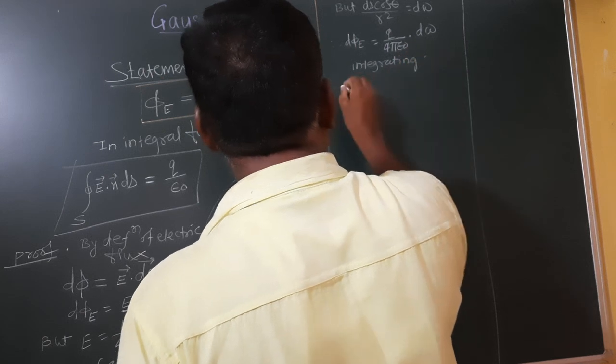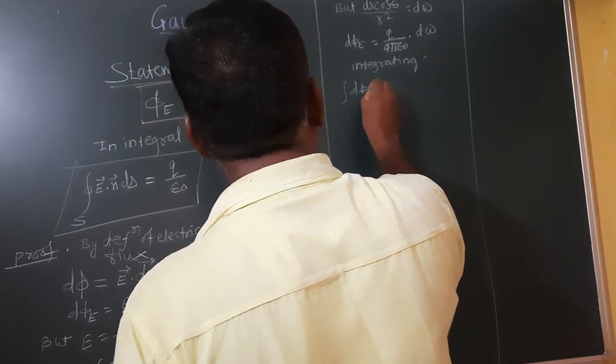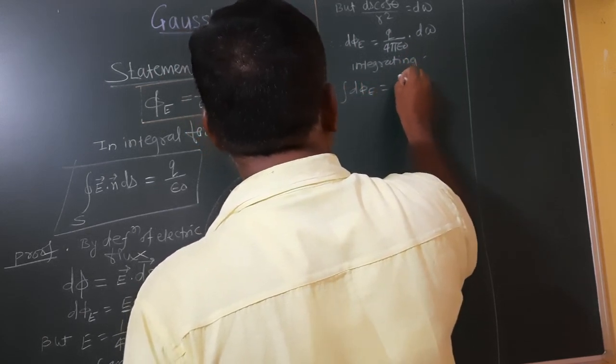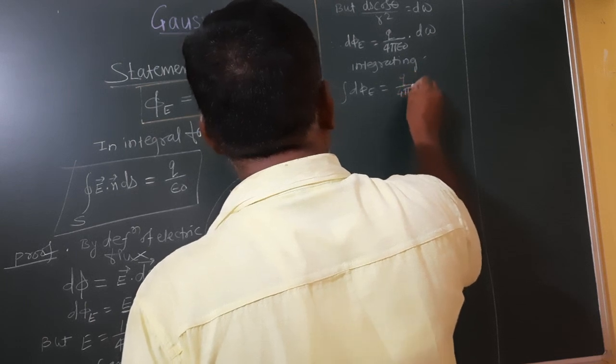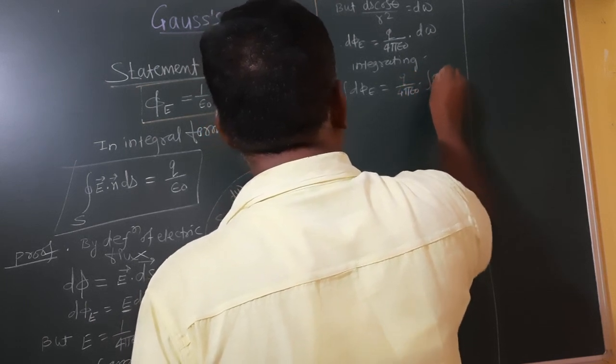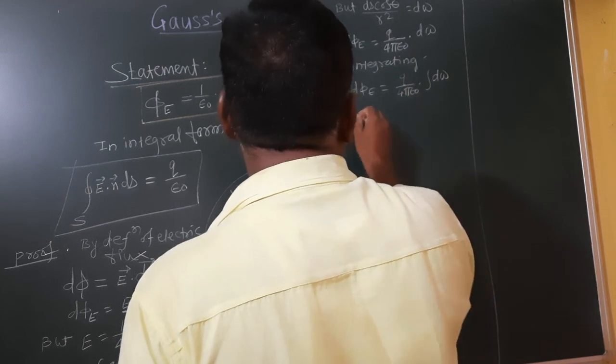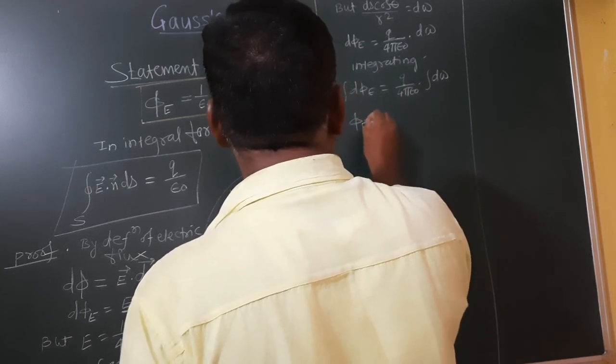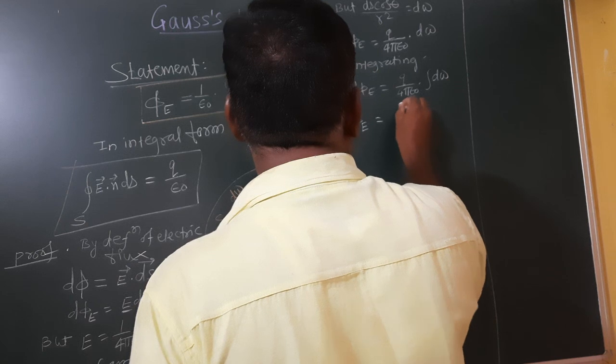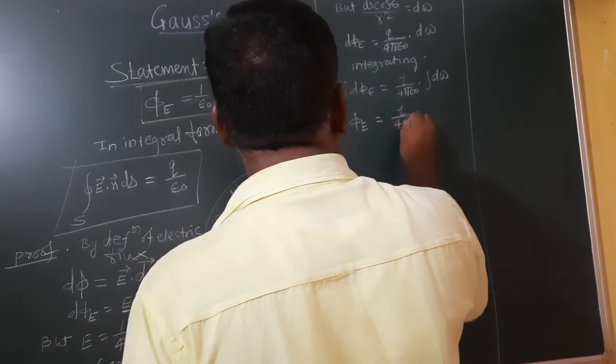we get that integration of d phi E is equal to Q upon 4 pi epsilon naught into integration of d omega. Integration of d phi E is nothing but phi E, and integration of d omega is the solid angle, which is 4 pi.